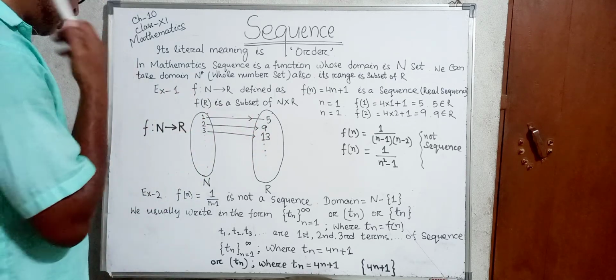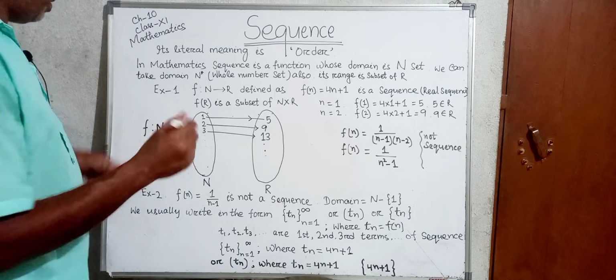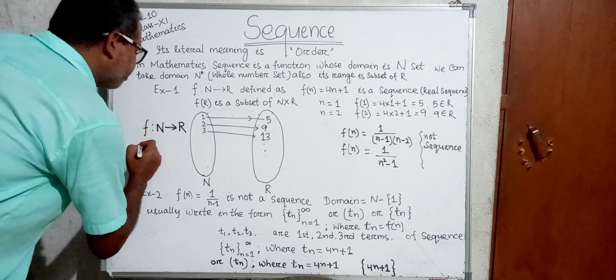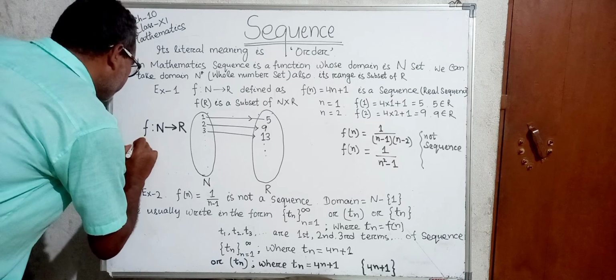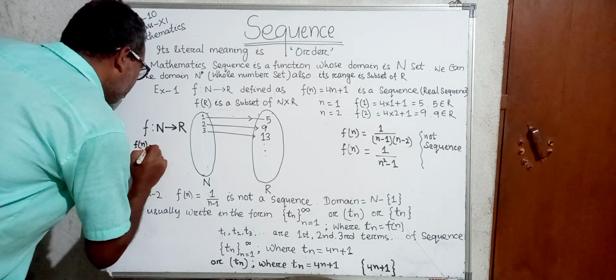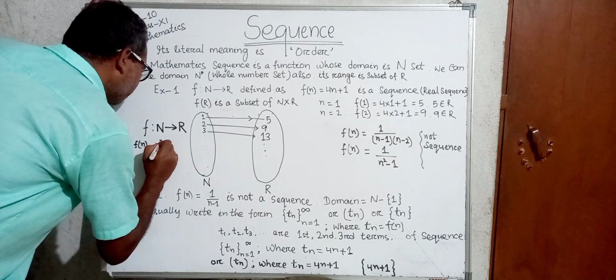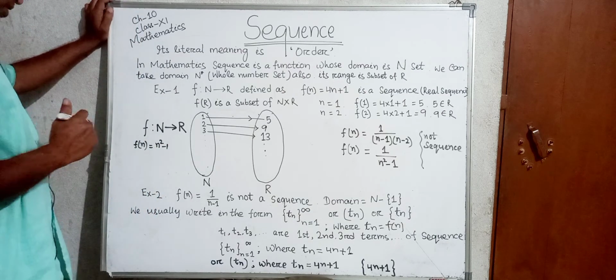Another example you can take: f(n) = n square minus 1. It is also a sequence.